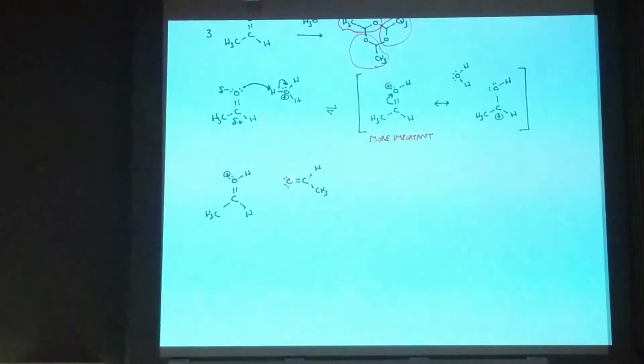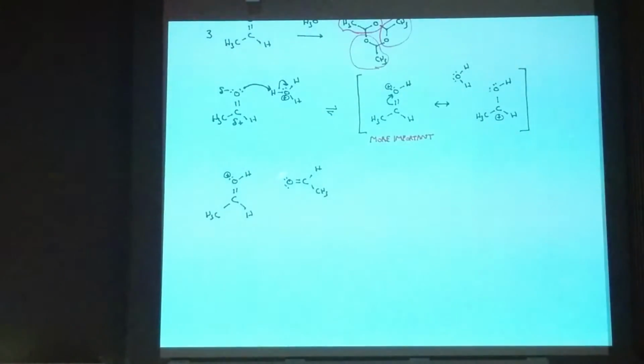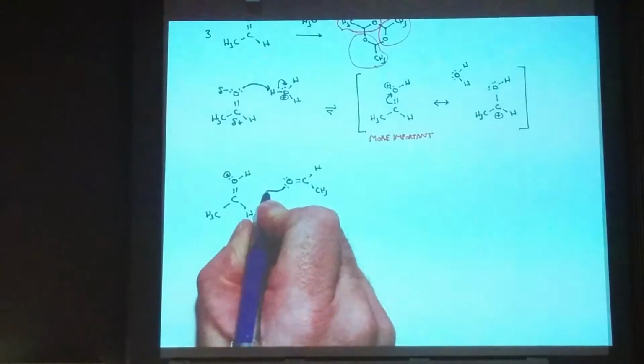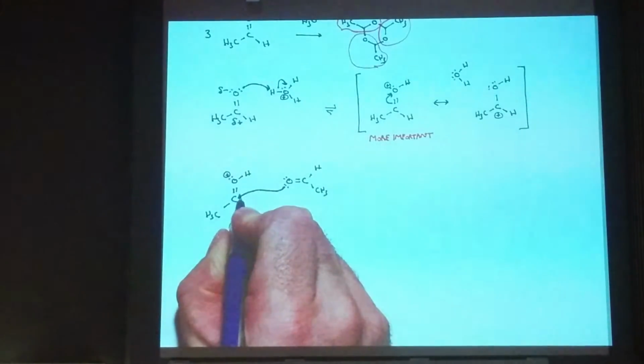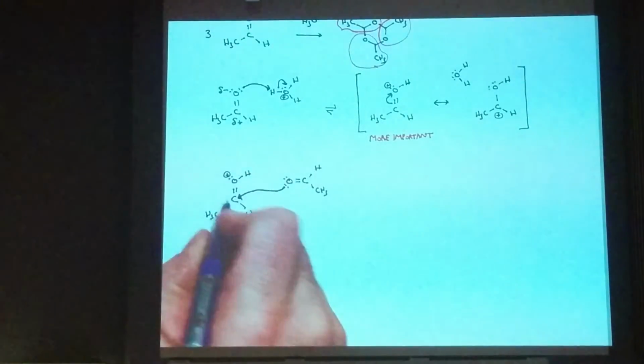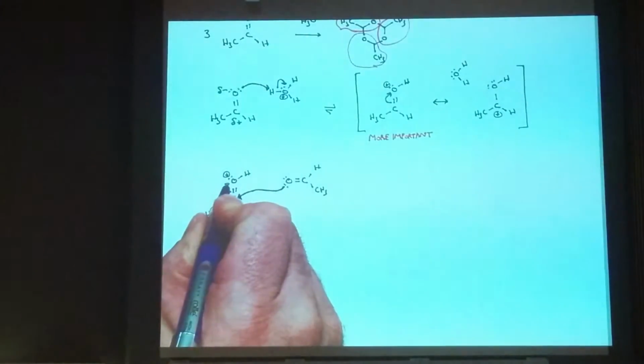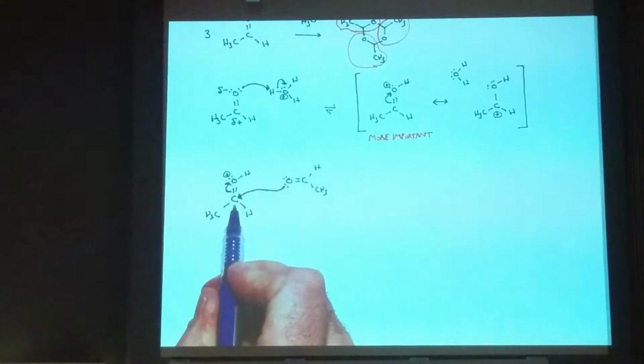How might a carbon-oxygen bond form between these things? Well, the electron-rich oxygen of a second acetaldehyde molecule can come in and donate an electron pair to the enhanced positive charge on this.